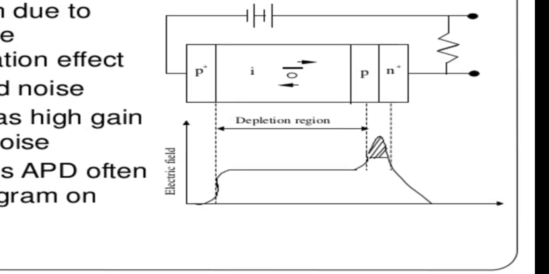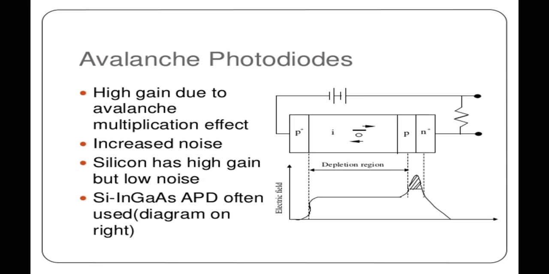Here the P and N junction materials are combined. P is connected to the negative terminal and N to the positive, because it operates in reverse bias. If energy is present, the depletion region increases, and a small fluctuation occurs. A small amount of current flows in this circuit.